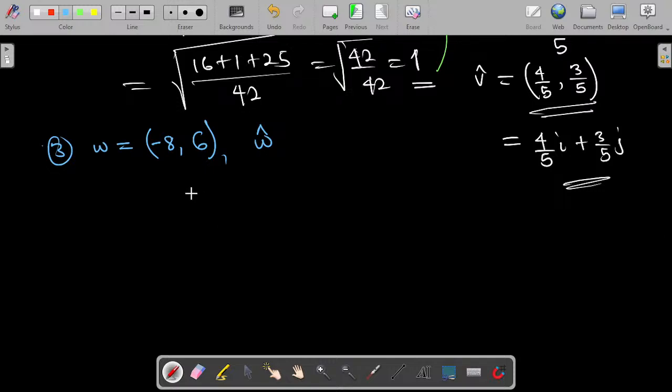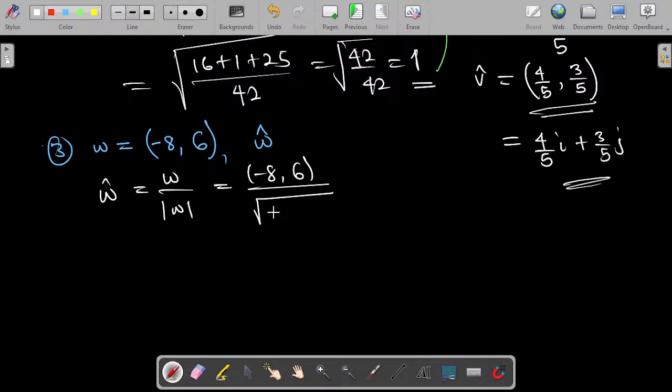Because of our time, we can make do with those two because two of them are correct. So definitely you are going to get minus 4 over 5, comma 3 over 5. How? Let's do it together. Our W carat is going to be W over the magnitude of W, and of course our W is minus 8, 6, all over the magnitude of W, which will be the square root of minus 8 squared, which is 64, plus 6 squared, which is 36.